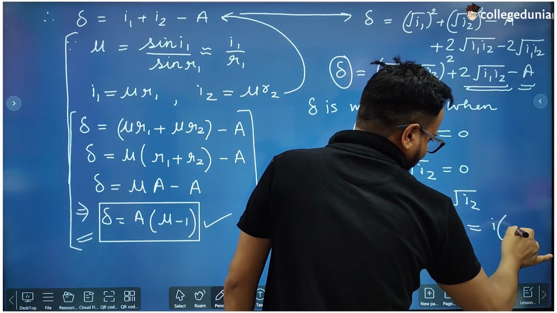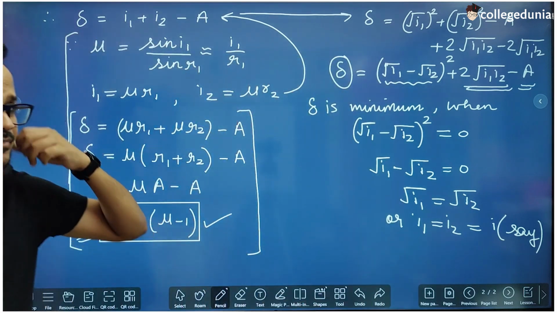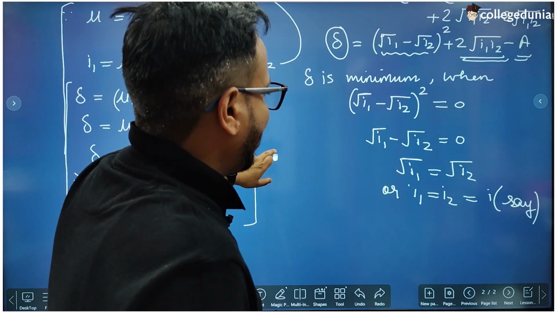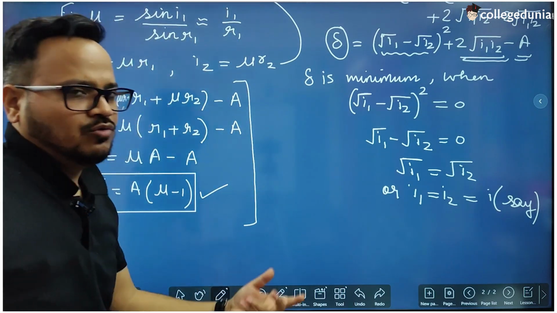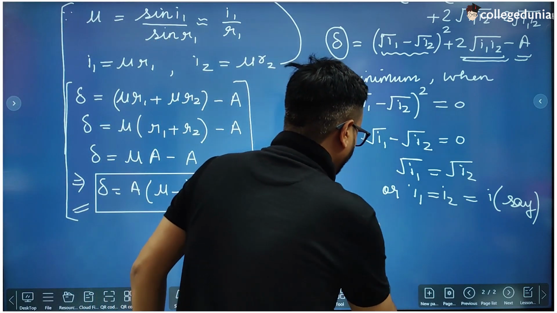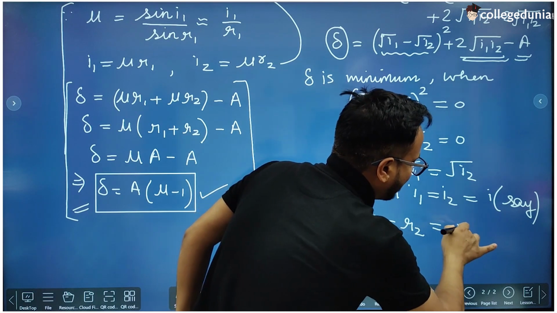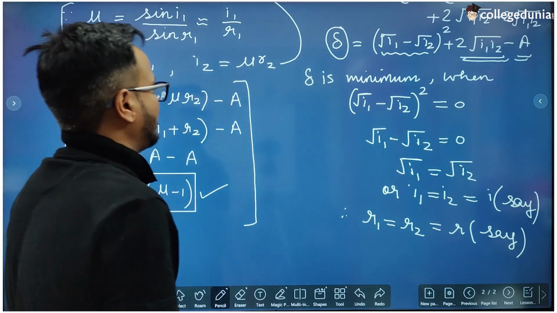Let us say these are equal to I, right? And if I1 and I2 are equal, then obviously R1 and R2 will also be equal. Therefore R1 is equal to R2, and let us say they both are equal to R.